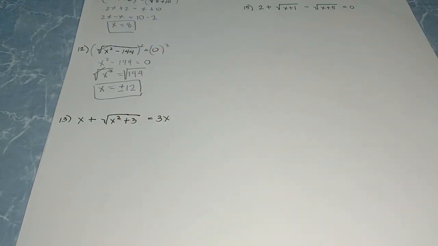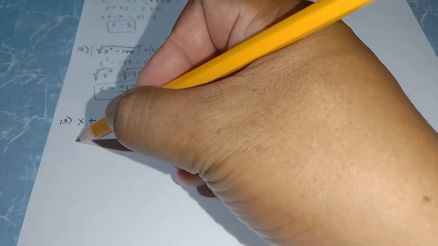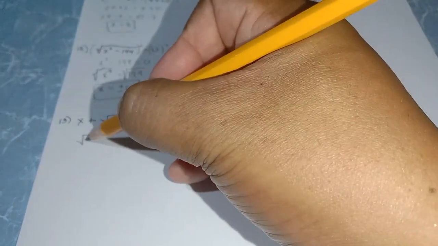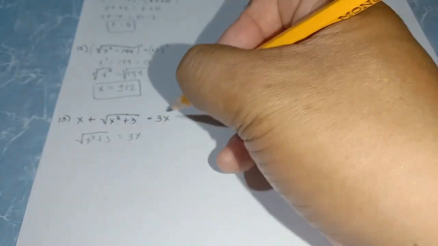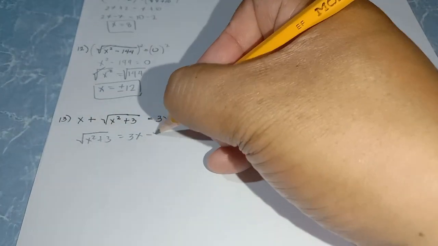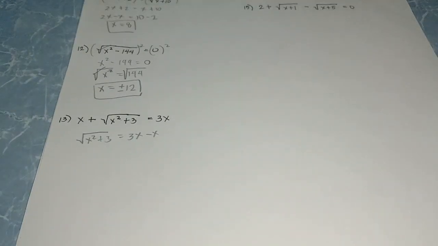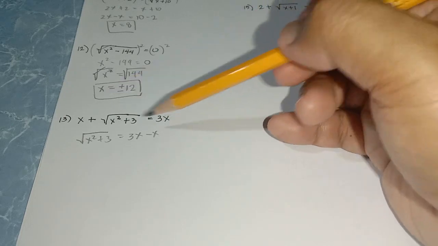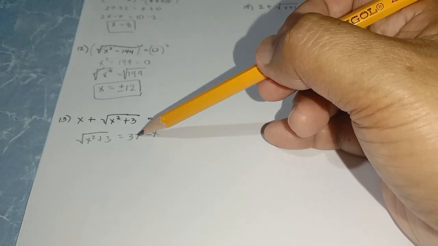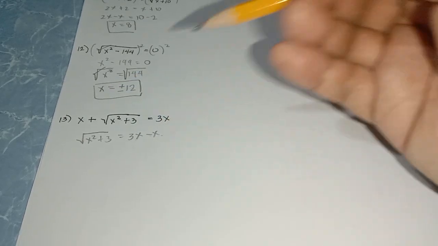Okay. So, ilipat na muna natin. So, bakit inilipat ni sir? So, x squared plus 3 is equal to 3x minus x. Kasi ito ay masisimplify natin. So, parehas na silang may tatlong x, bawasan ng isang x, okay?